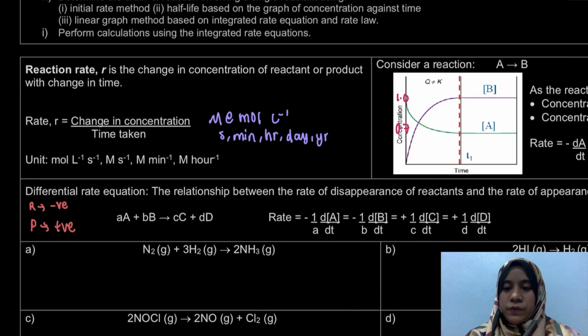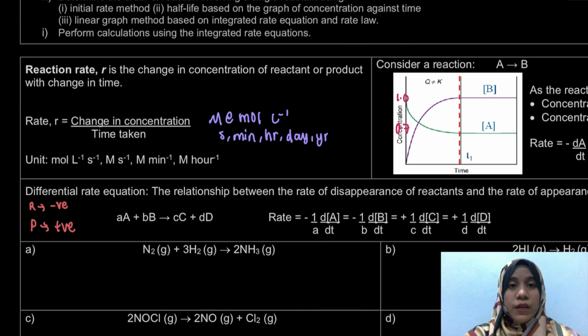So here, what we have, positive 1 over c, the small c, all the small letters again are the stoichiometry, the number in front of the equation, equal to our product as well, another one of our products, 1 over d, change in concentration of D divided by change in time. So this one is confusing, how to write it.